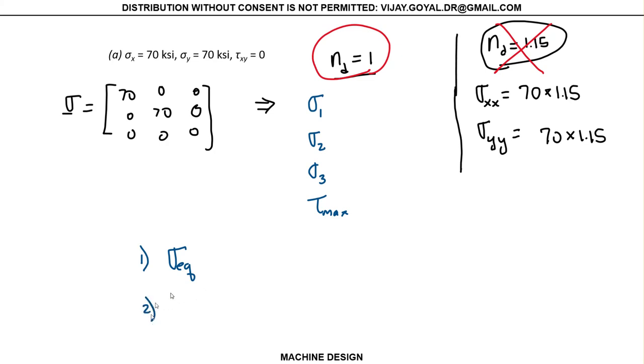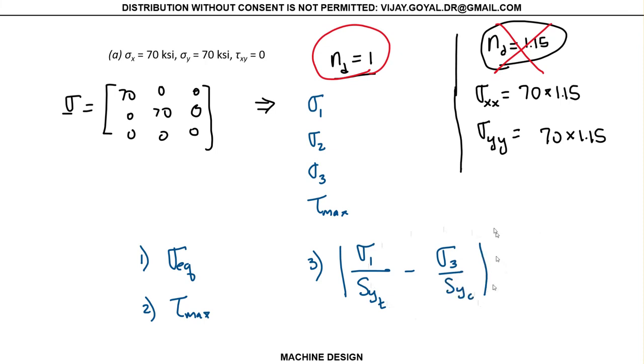The second theory is based on tau max, and the last theory is the Coulomb-Mohr theory. That theory doesn't have one of these quantities, but it says that sigma 1 divided by yield in tensile minus sigma 3 divided by yield in compression is the quantity I want to find, and I will compare with my values.